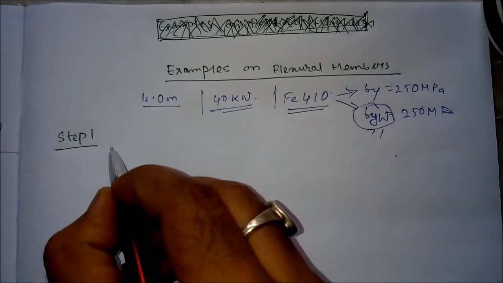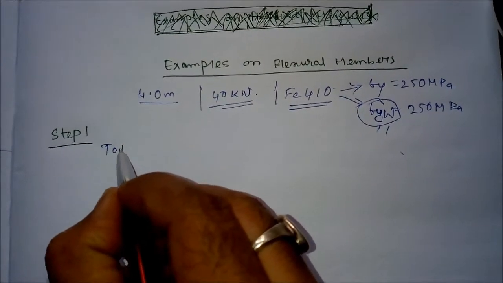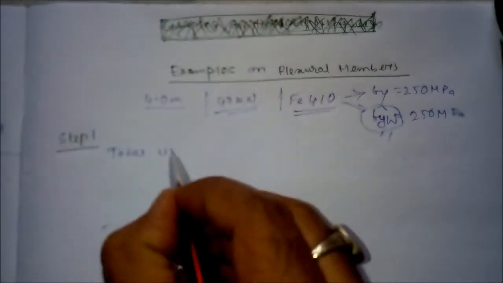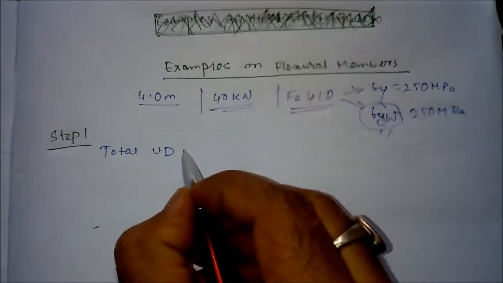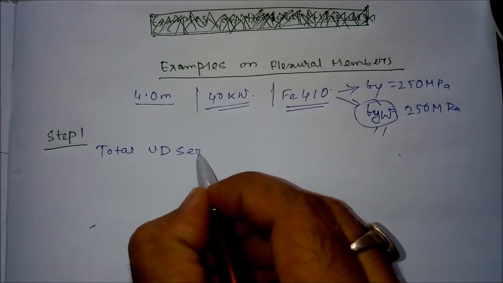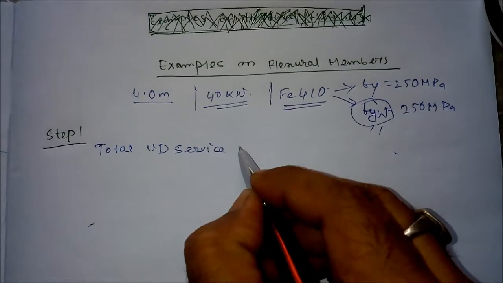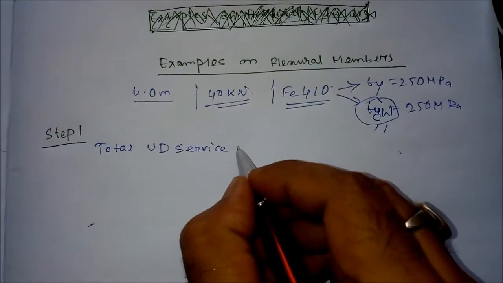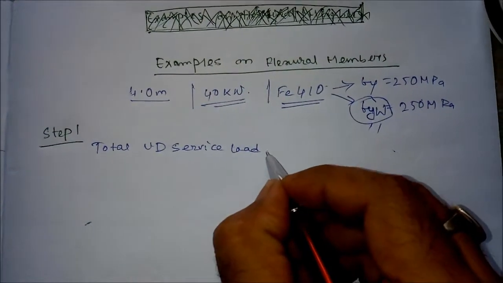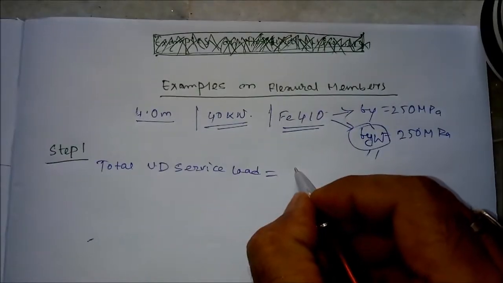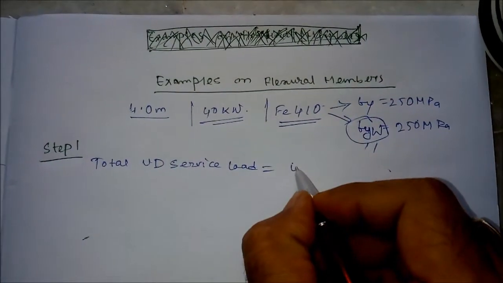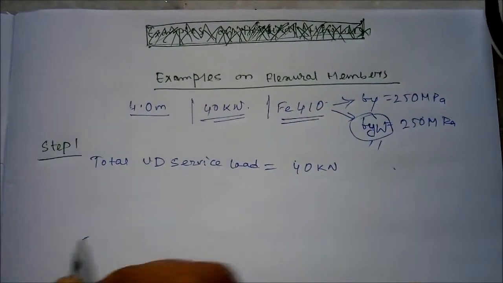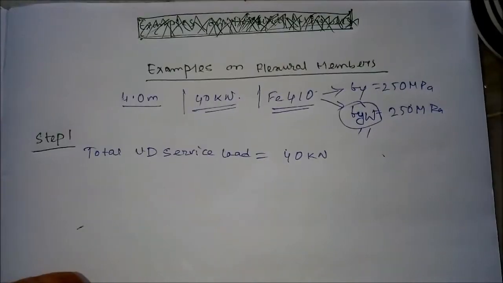The load given is the total uniformly distributed service load, and this is in total 40 kilonewton. This is given. So what will be the factored load?